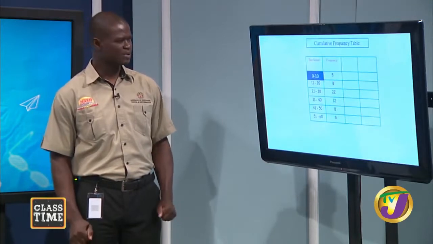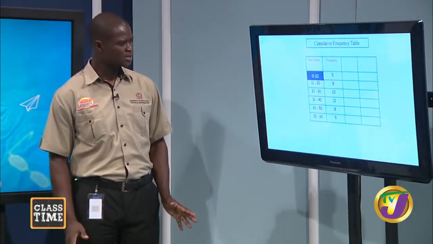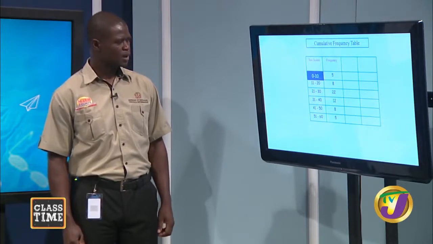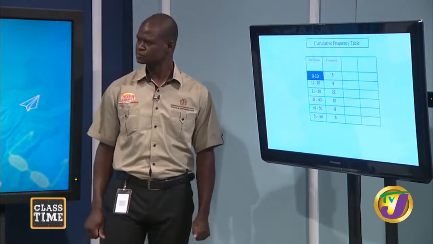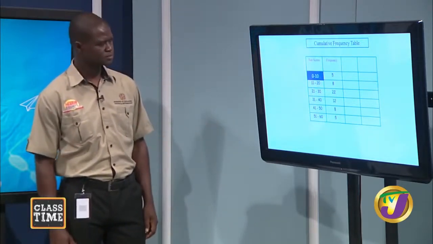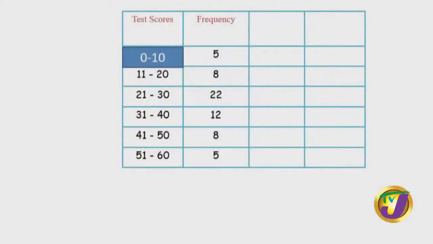This is a table that she saw after an analysis. Here we see the scores and the frequencies as well. Looking at the test scores, I see in the first class 0 as the smallest value and 10 as the highest value.